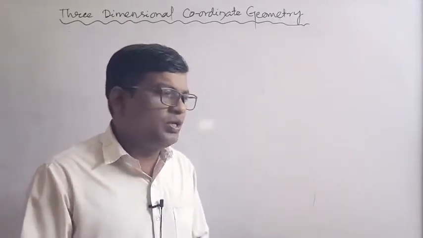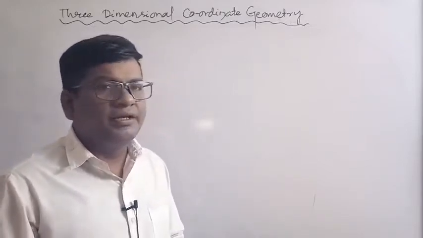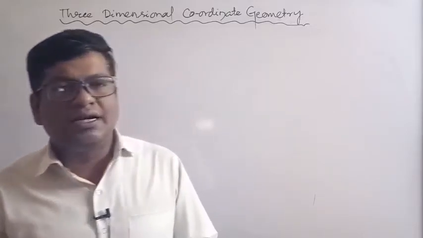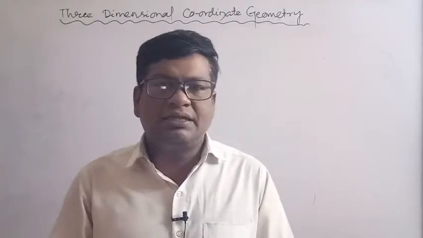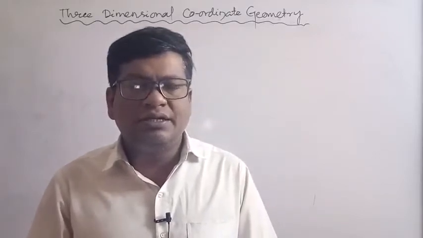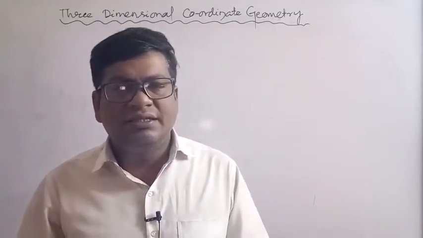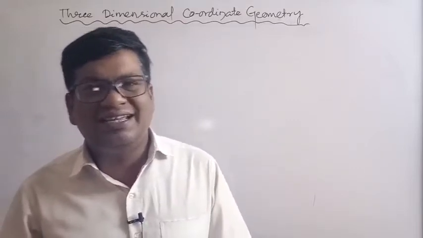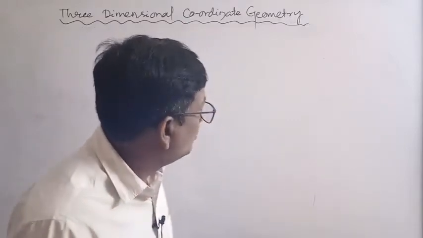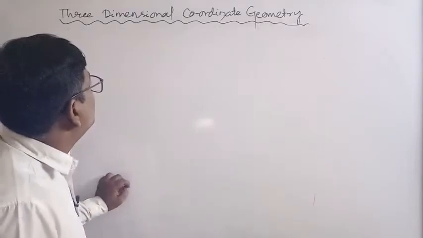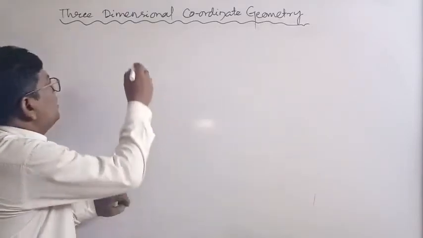In two-dimensional geometry there are two axes, but in three-dimensional geometry there are three axes, namely the x-axis, y-axis and z-axis. So what do we mean by three-dimensional coordinate geometry?